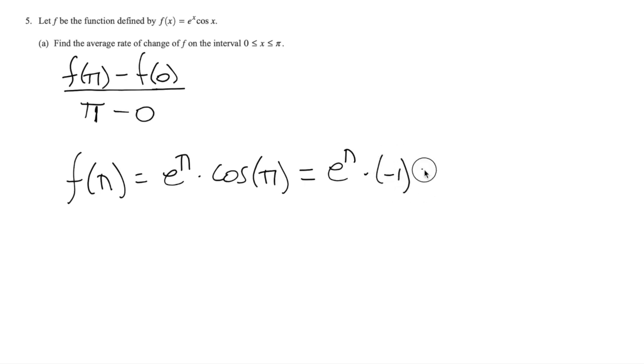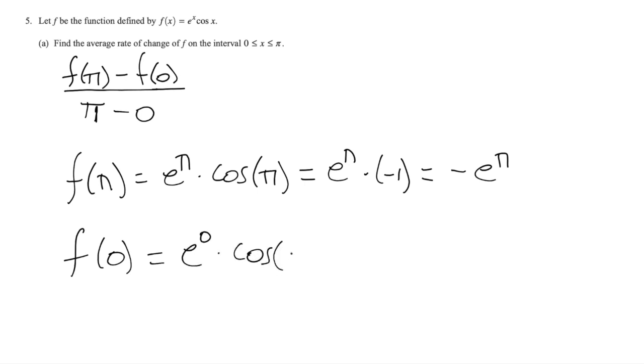This is something you can do with the calculator, but if you think about the unit circle, it's very easy to find the value of the cosine of pi. So minus e to the power of pi, and the value of the function at 0 will be e to the power of 0 times cosine of 0. E to the power of 0 is 1 and cosine of 0 is also 1. So 1 times 1 is 1.